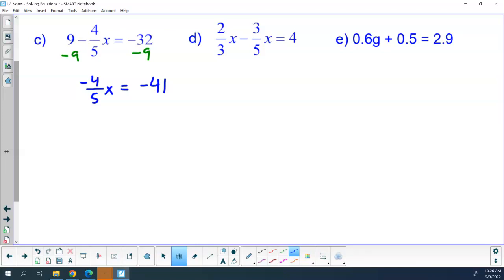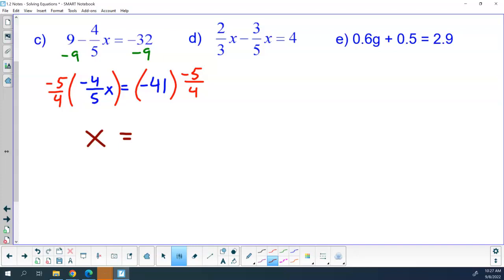The other option is you could multiply both sides by negative 5/4, because you're just basically combining those two steps into one. The 5 on the top is the multiplying by 5 to get rid of the fraction. The negative 4 on the bottom is the dividing by negative 4 to get the next step in that process. So then on this particular one, on the left side, you would just get x.